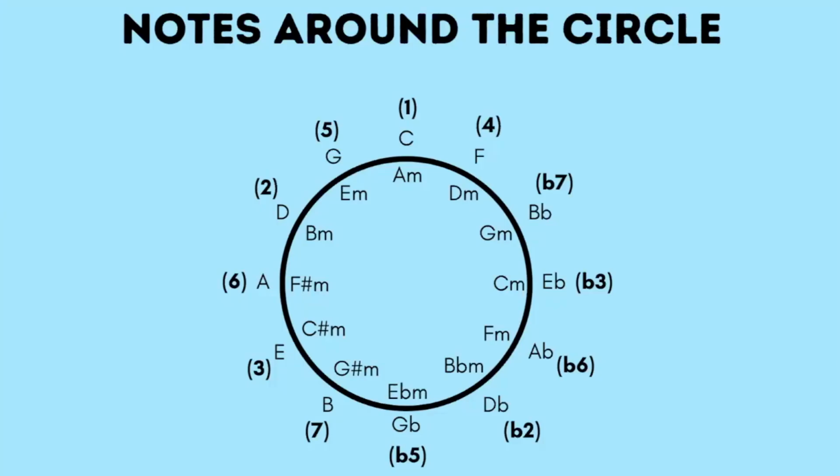And then C, F, and then B flat. And then after that, we have C to A, which is the six. So C, six, A.